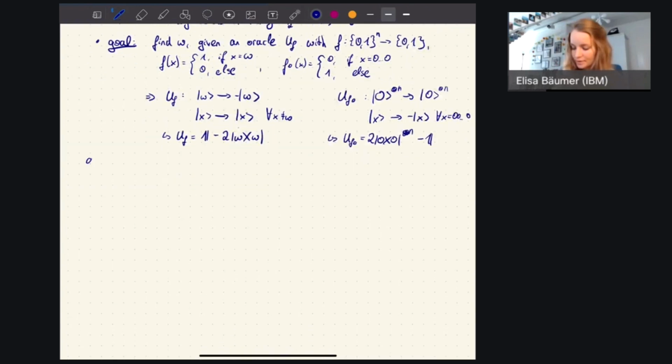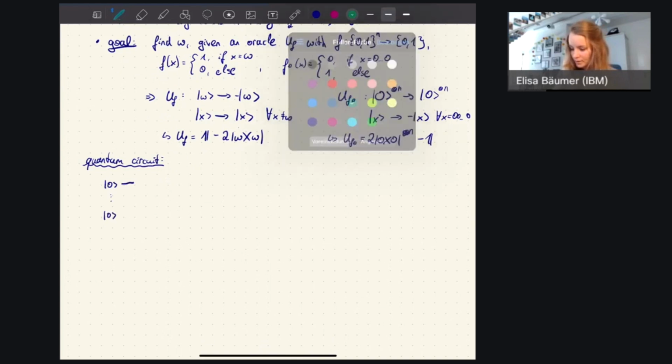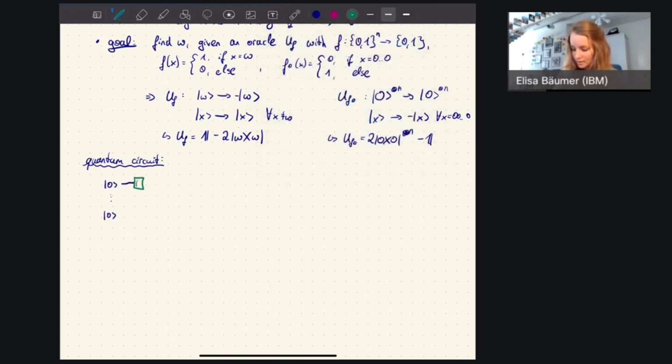So let me give you the quantum circuit of Grover's algorithm. We start, as always, with all qubits in the 0 state. Then we apply a Hadamard gate on all qubits.